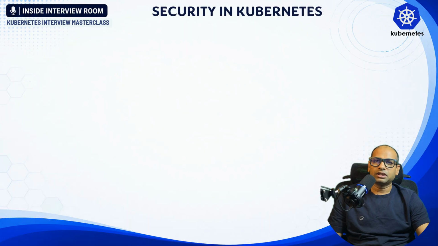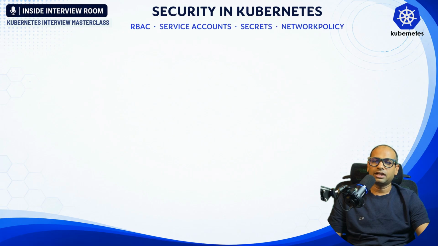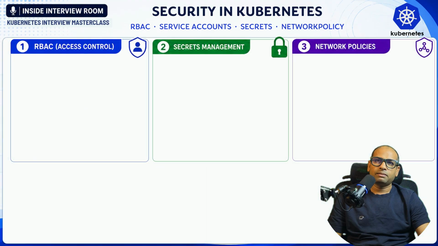The security in Kubernetes. In a real cluster, this is not optional, it's a foundation. So RBAC, service accounts, secrets, and network policies. RBAC controls who can do what in the cluster.